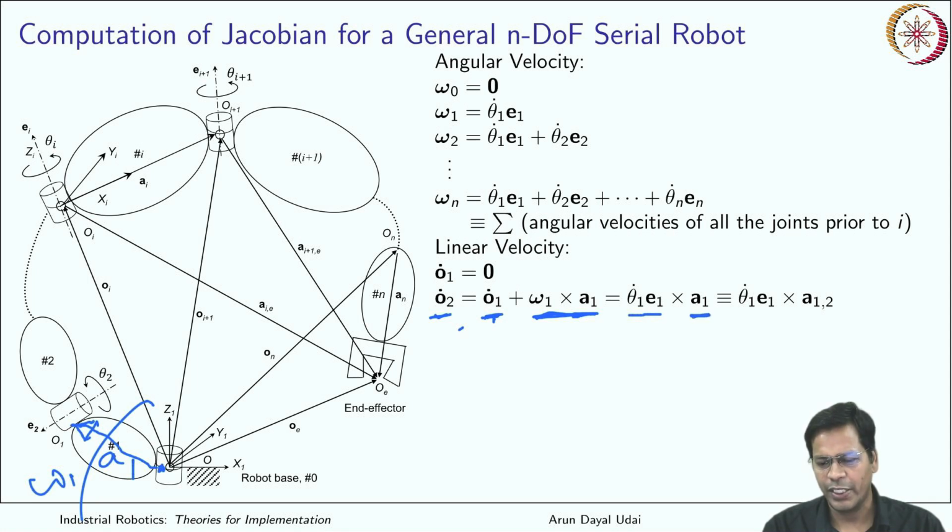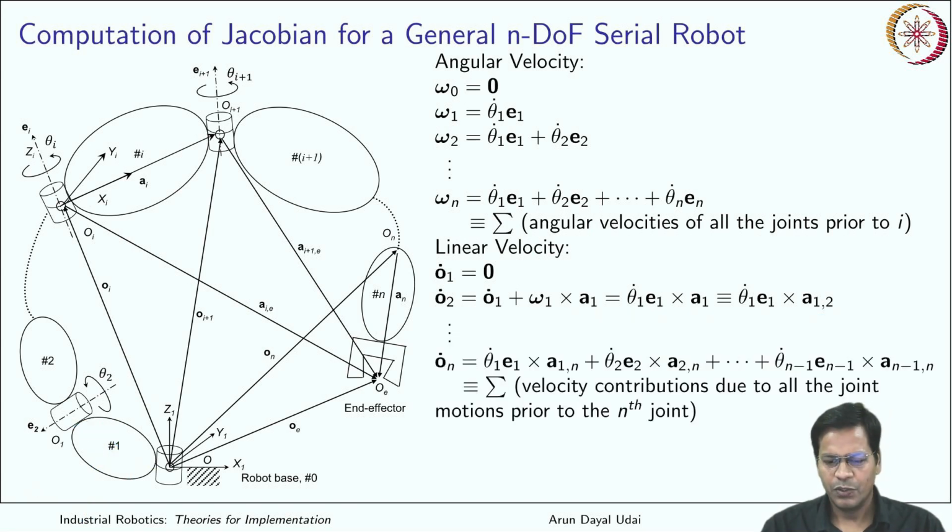So this is equivalent to theta 1 dot E1 cross A1, and we'll call it A1. A1 is the distance. It starts from 1 and goes till 2. So if you take it all together, it becomes very much like this.